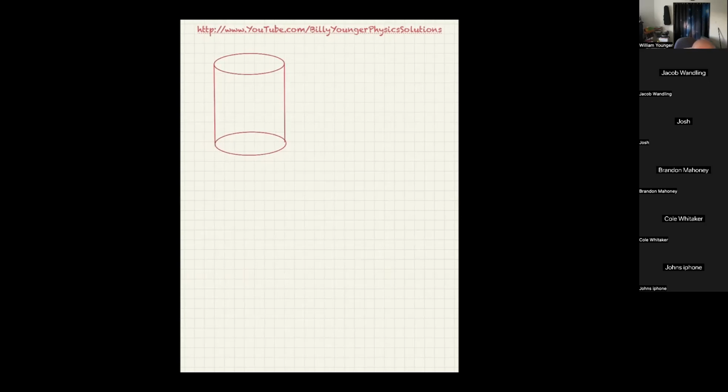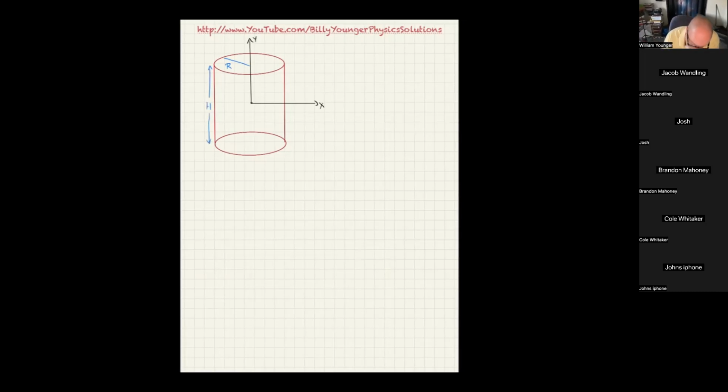So what I'm going to do is I'll draw a coordinate system, let's say right here. That will be my x-axis. That will be my y-axis. Okay. And with that, I can see that this distance from here right along the top should be r. And this distance is going to be h.